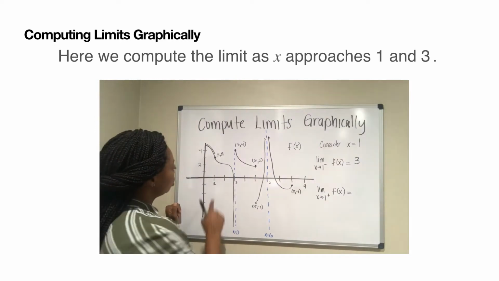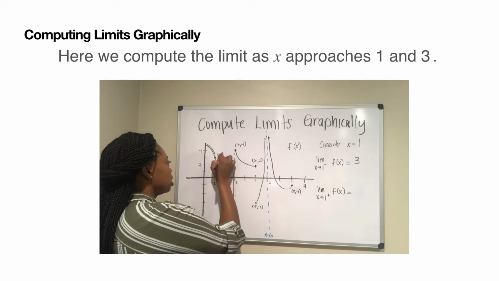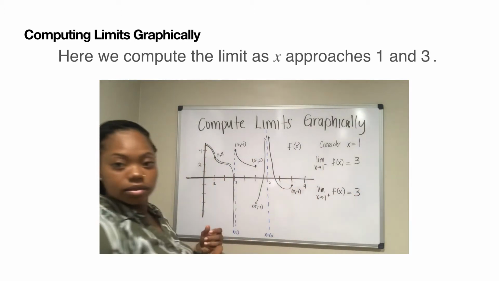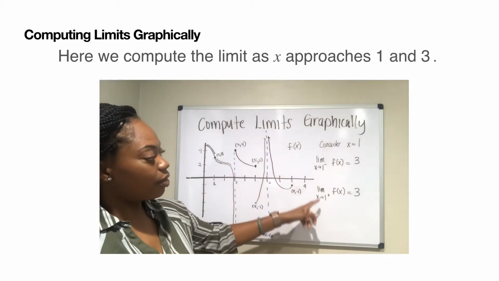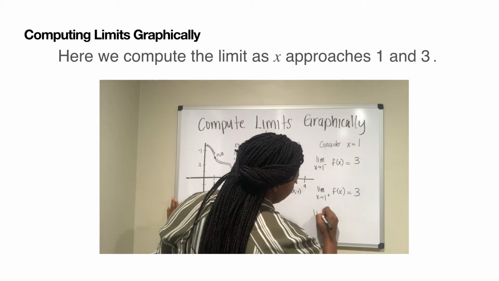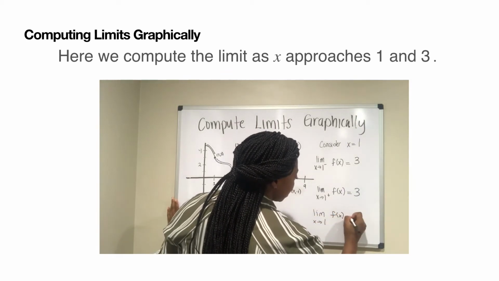As I approach 1 from the right, I'm looking at what does my graph do. It's getting closer and closer to y values equal to 3. And because the left and the right hand limit are the same number, we're able to say that the limit as x approaches 1 of the function f of x is equal to 3.